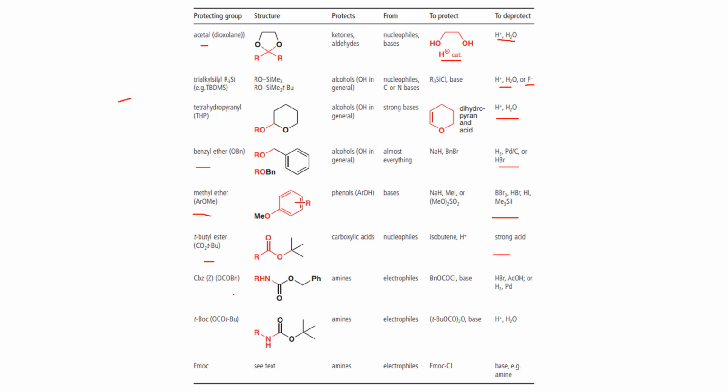Next is CBZ, which is used mainly for amino acids, can be deprotected by HBr or H2/Pd. Further, the BOC, which can be deprotected by H plus. Next, FMOC, that can be deprotected by base.